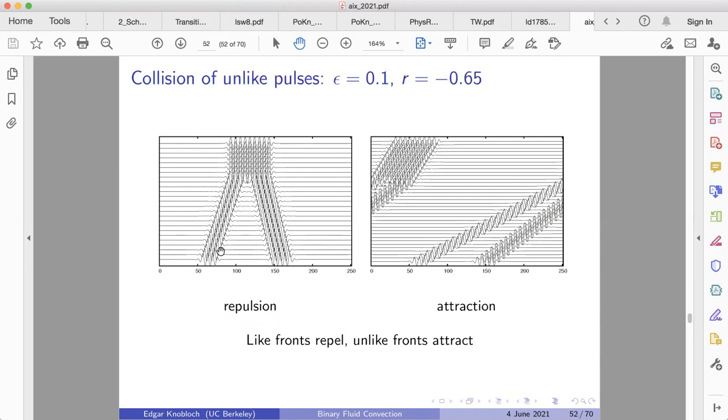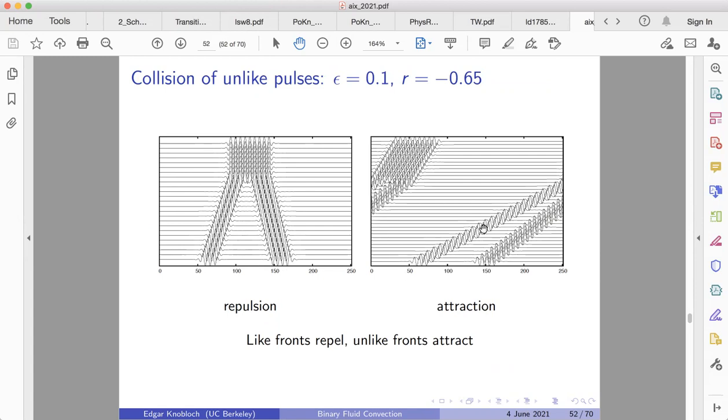Here's a collision between two distinct states, a slower moving, fatter state, and a more nimble, thinner state. This is what I'm calling a repulsive interaction, because the fronts here are the same from the profile, and that corresponds to a repulsion between the states.